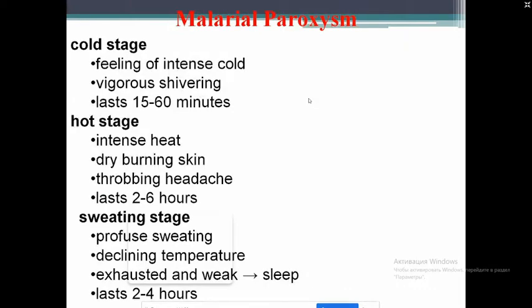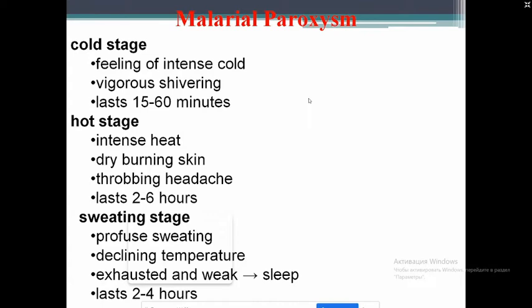Malaria paroxysm includes cold stage, feeling of intense cold, vigorous shivering, and lasts about 15-60 minutes.